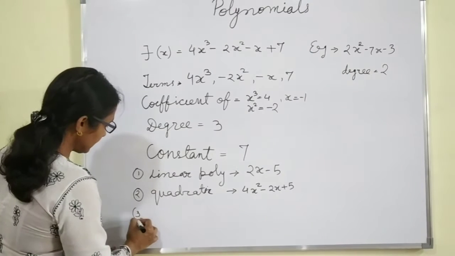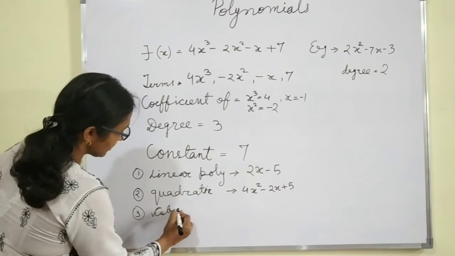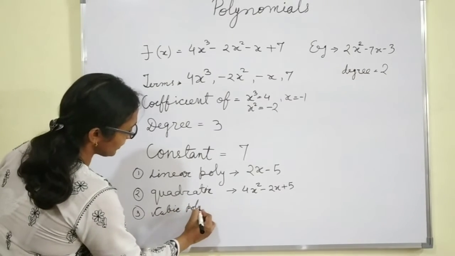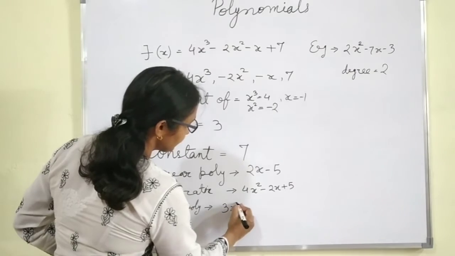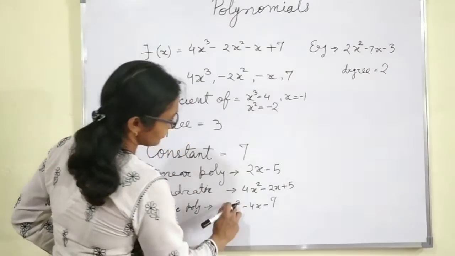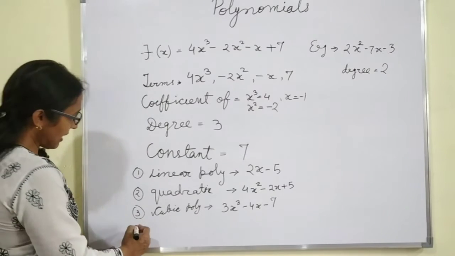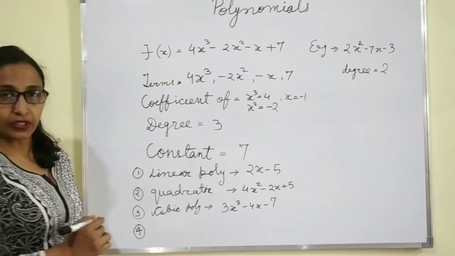Now, third is cubic polynomial. In a cubic polynomial, the highest degree of the polynomial is 3. And the fourth one is biquadratic polynomial.